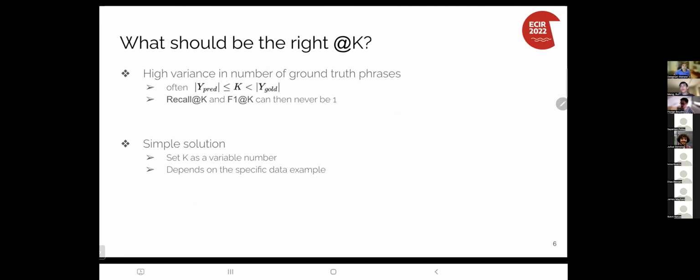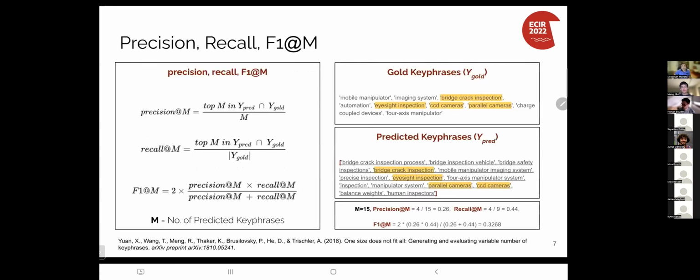And often we set the value of K in the range between the number of predicted key phrases and the number of gold key phrases, which means recall at K and F1 at K can then never be 1. So a simple solution could be to set K as a variable number, which makes it dependent on that specific data example that we are processing. F1 at M and F1 at O were proposed exactly to take this into consideration.